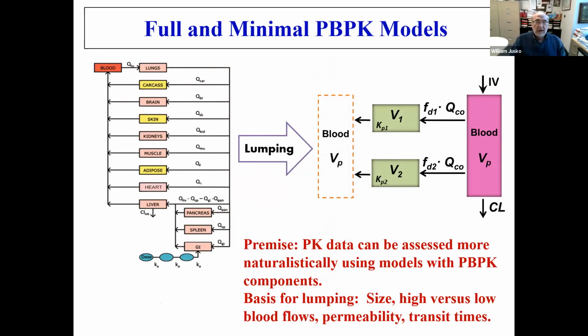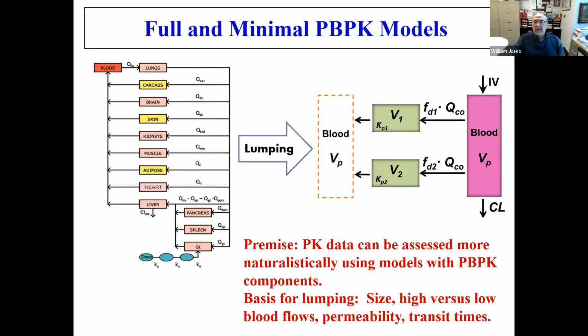What happens with minimal models is we recognize that it's possible to lump tissues in the body into 2 or 3 groups. Sometimes they're lumped according to highly perfused and poorly perfused, sometimes based on size, sometimes based on permeability.